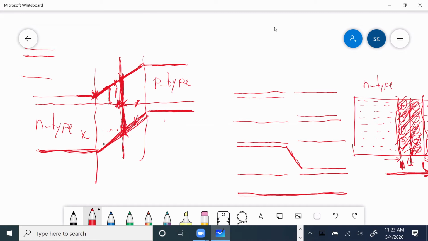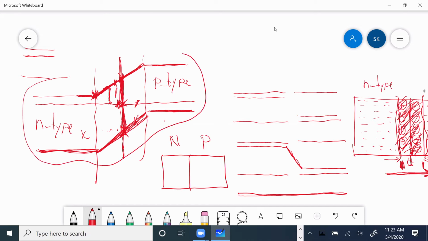Okay, so that is what happens in a PN junction.